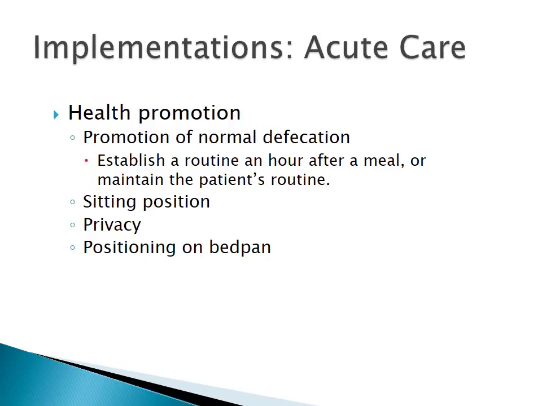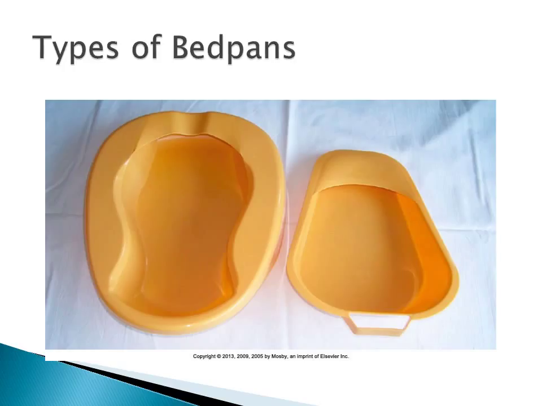Do assess what the stools look like. Make sure there's no blood. What color is it? The consistency, because that tells us a lot about what's going on with our patient. Just to show different types of bedpans. The smaller bedpan is a fracture bedpan, and then the other one is just a regular bedpan that we use for most patients.